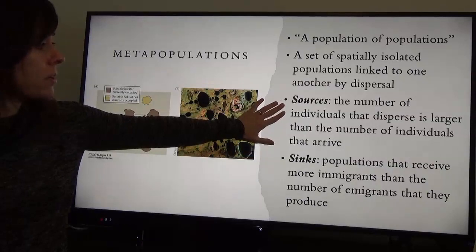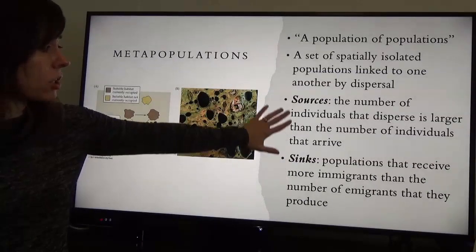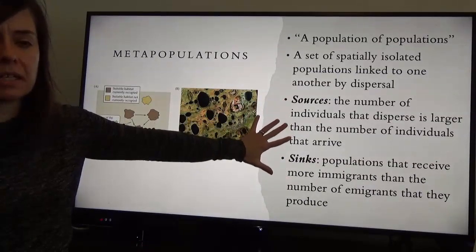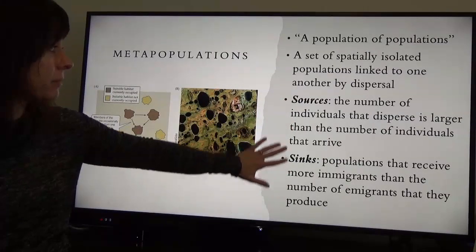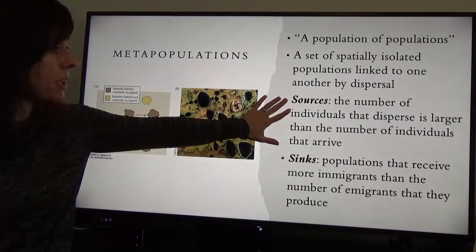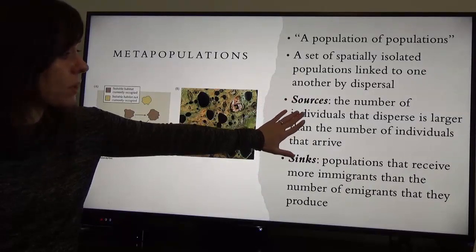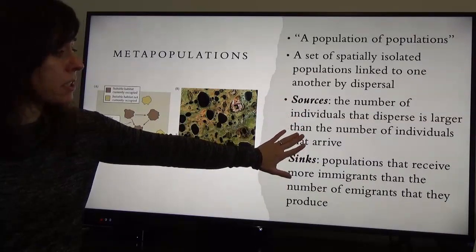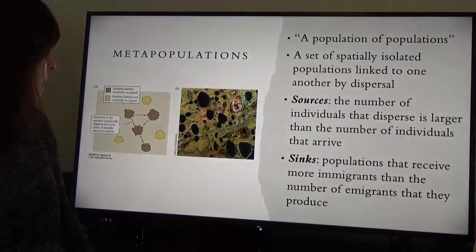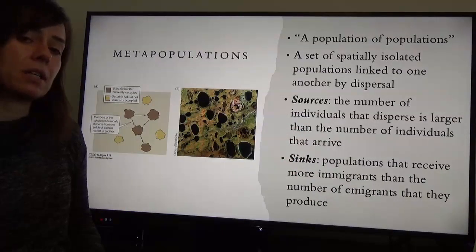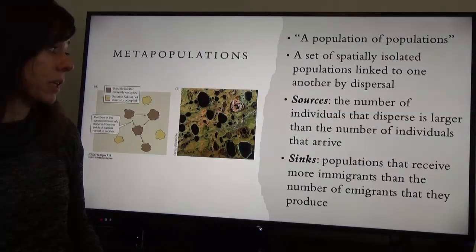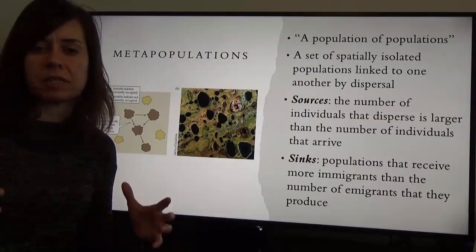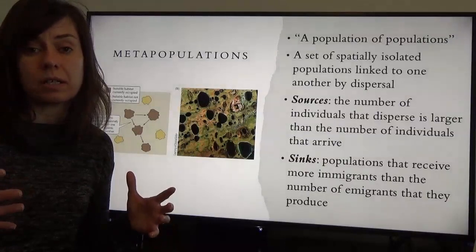There are two pieces of this, and we'll look at what source and sink populations look like. But when we think about metapopulations, there are sources where the number of individuals that disperse is larger than the number of individuals that arrive. This can be attributed to a number of factors. A key factor is often either the size of the patch or the quality of the patch.